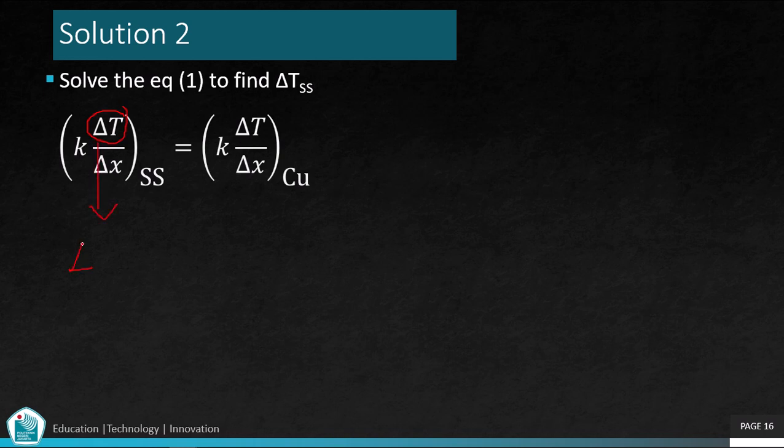So we have the delta T stainless steel equal to, changing the delta X here into L_CU and the delta X here into L_SS, brackets.